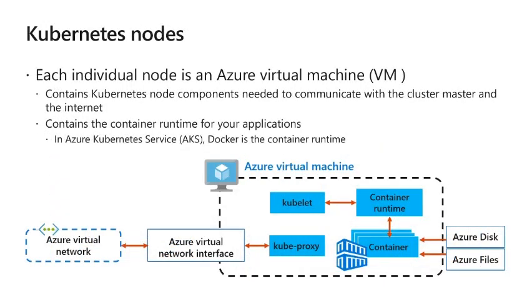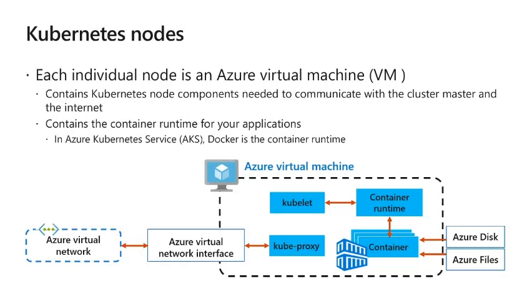So Kubernetes nodes, each individual node is an Azure virtual machine. Kubelet is the Kubernetes agent that processes the orchestration requests from the cluster master and scheduling of running the requested containers.